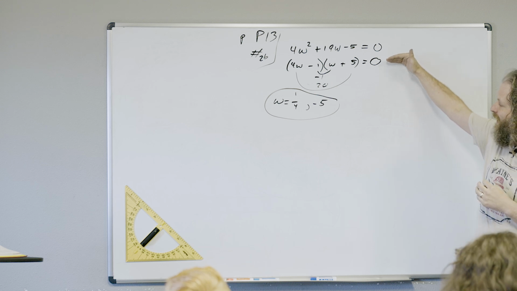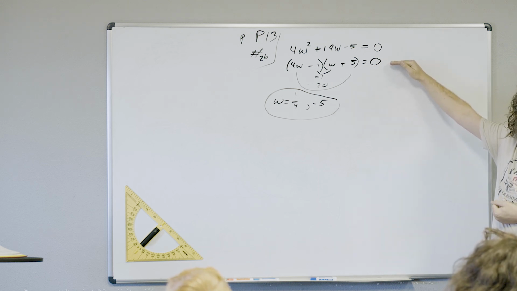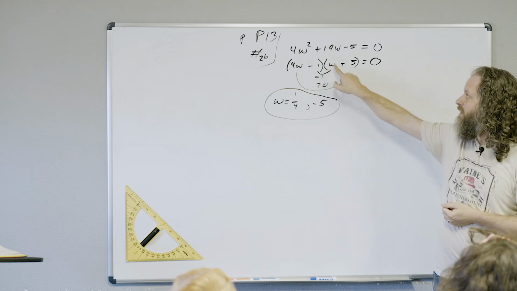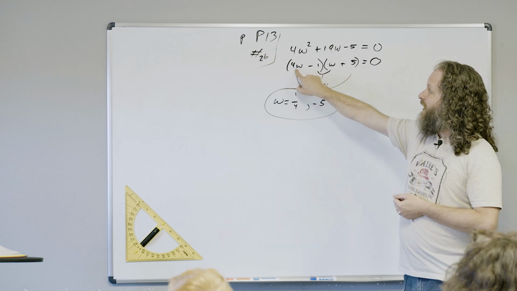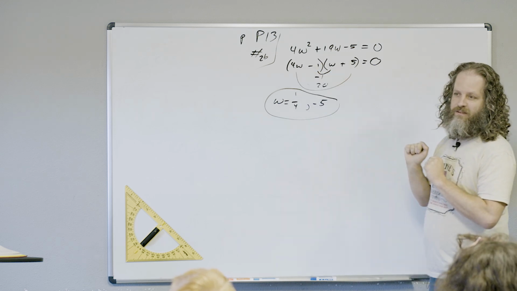So if you can go from here to here, which everybody in this room can, because if this is not a 1, it's going to be the opposite sign of this divided by this, always.